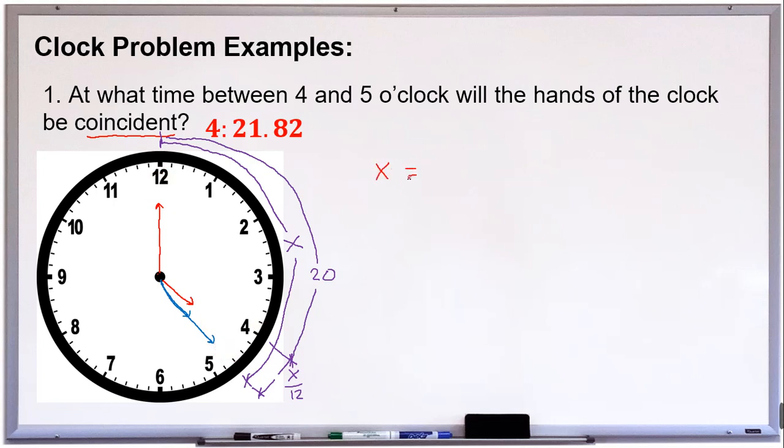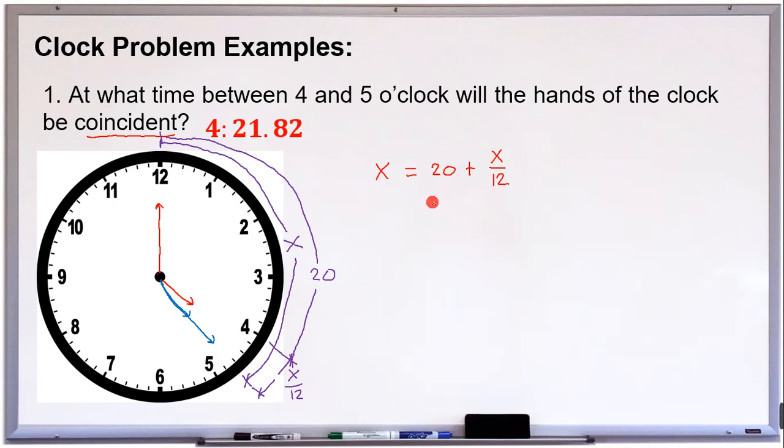And this is also equal to the distance from 12 to 4, and that is 20 minutes, plus the distance covered by the hour hand from number 4 to the final position. So that would be x over 12.